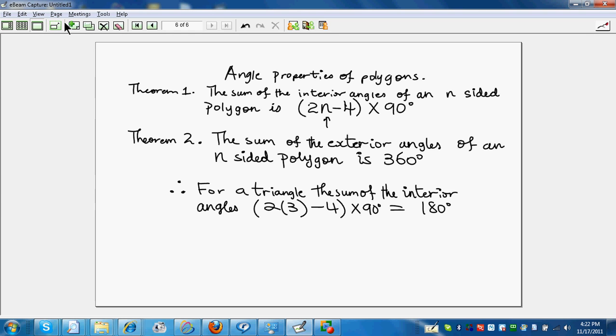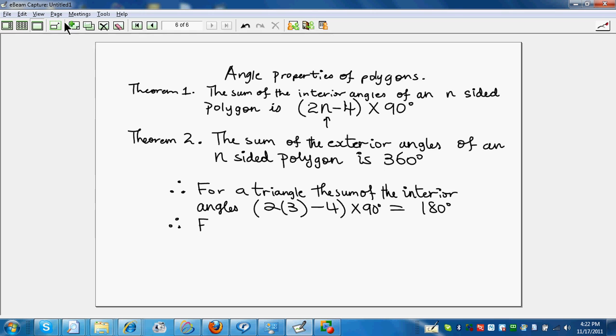So for example, if we were trying to find the sum of the interior angles of a quadrilateral, whether it be a square, parallelogram, rhombus, kite, trapezium, what would be the sum of the internal angles?